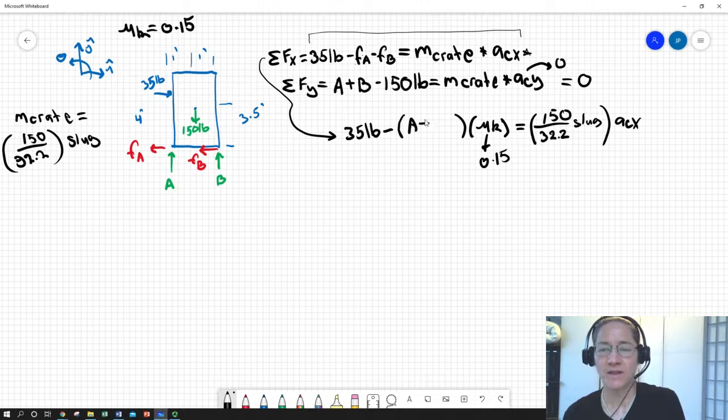A plus B. So we've defined frictional force in terms of normal force and mu k, which we decided we're going to use, mu k, not mu s.